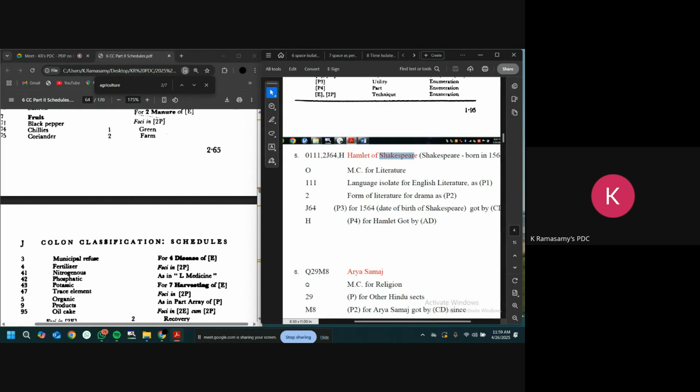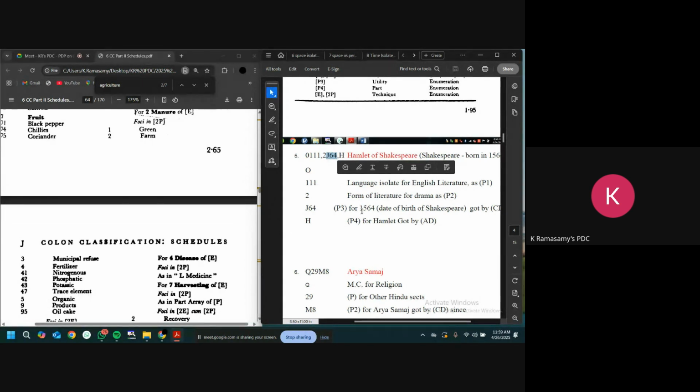If the year of birth is not known, at least the century, or during which period he was alive. So the year of birth can be taken as the base for individualizing the author. For example, in this case, you can see here J64. J64 stands for author number. Whenever you are constructing a number in the literature main class, if you want to construct a number for any author, the author's number is constructed based on the year of birth of the author.